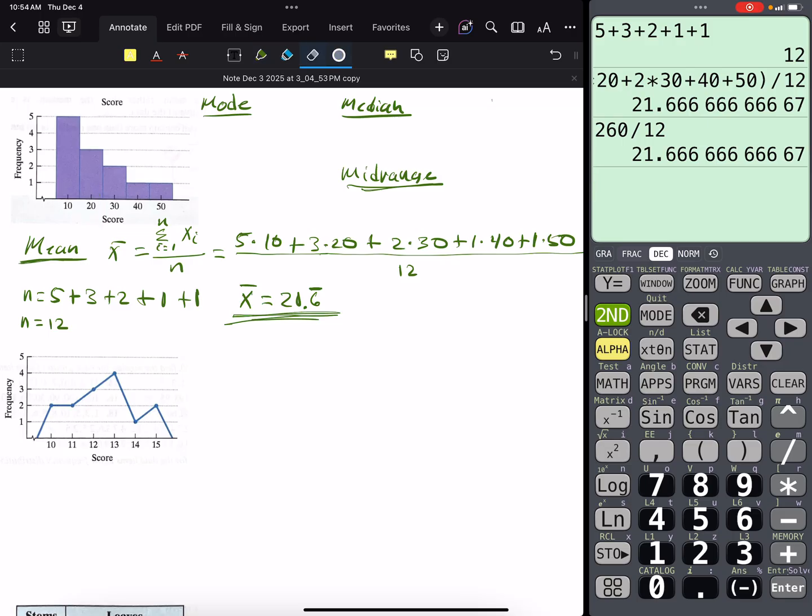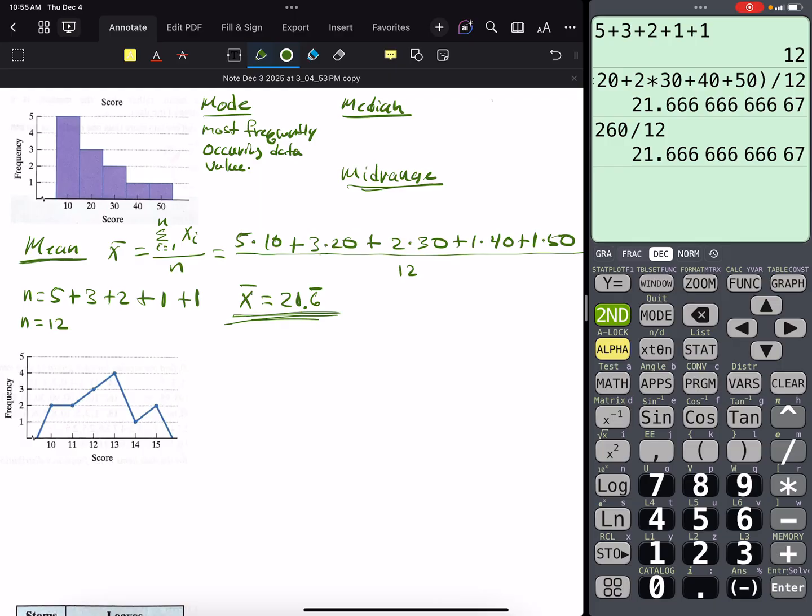Okay. Now, the mode here, the mode is the most often occurring data value, right? So most often, or most frequently, if I use a better word, frequently occurring data value or item.